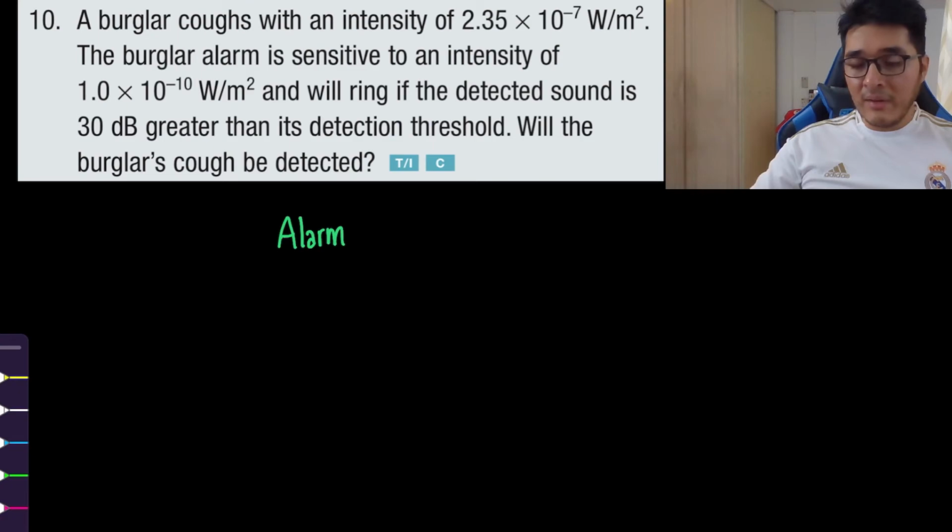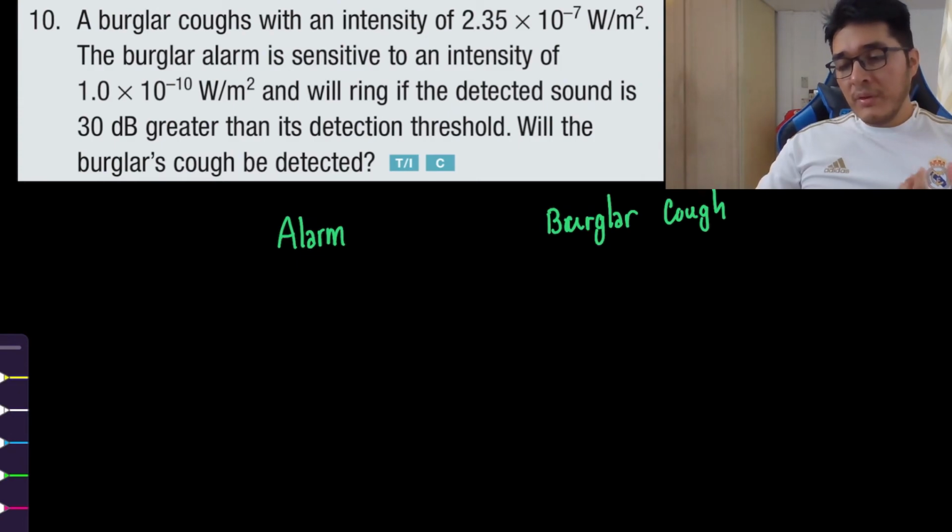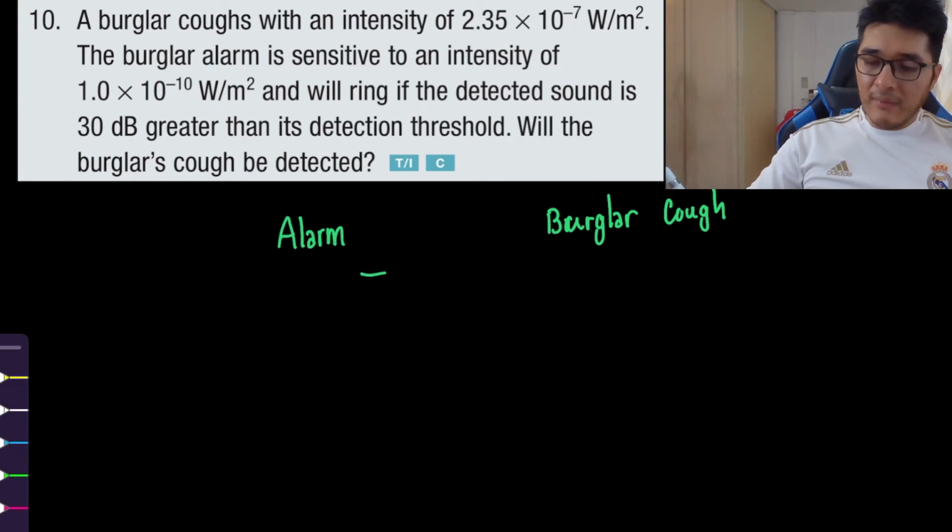So we have the alarm and the burglar's cough. And in order for the alarm to sound off, we need to check if there's a difference of 30 decibels.